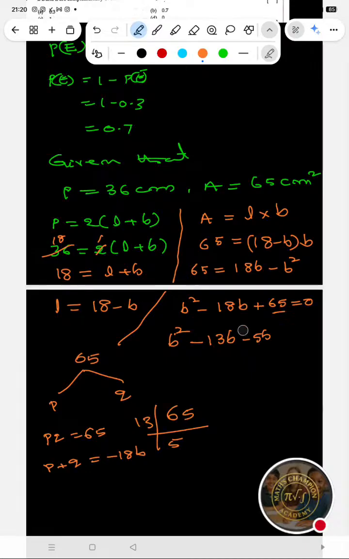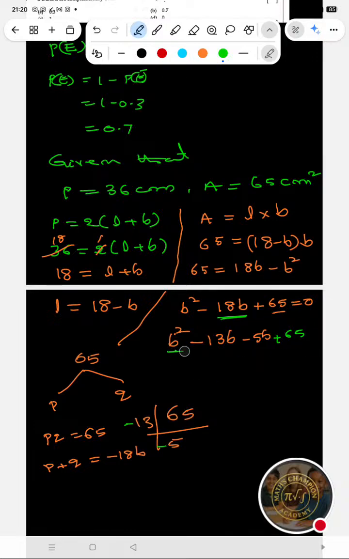When you add these two, you should get minus 18B. Here minus 13B minus 5B, you are getting minus 18B. Next step, what you have to do? When you multiply minus 13B and minus 5B, minus into minus is plus, 13B into 5B, you are getting 65B square. Okay, this step understand?